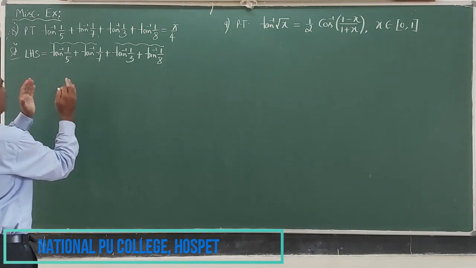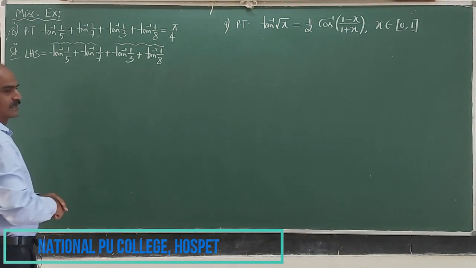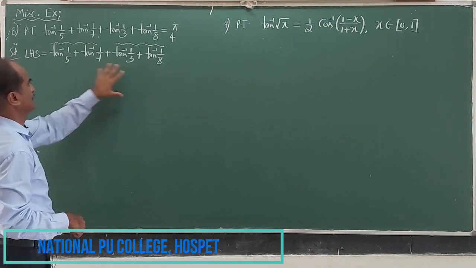Here I make 2 inverse trigonometric functions as one group. There are 2 groups now.